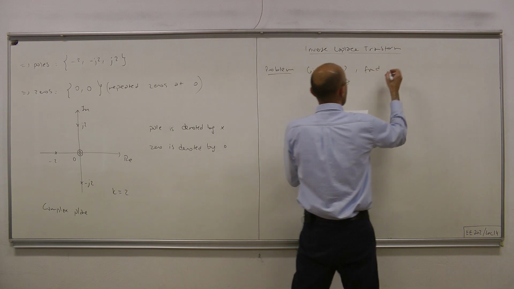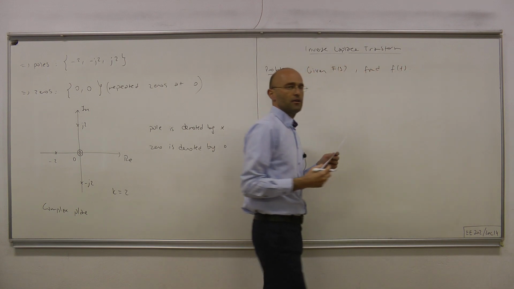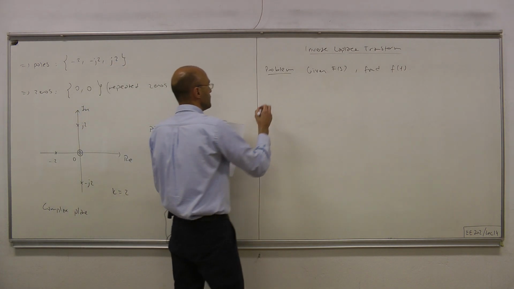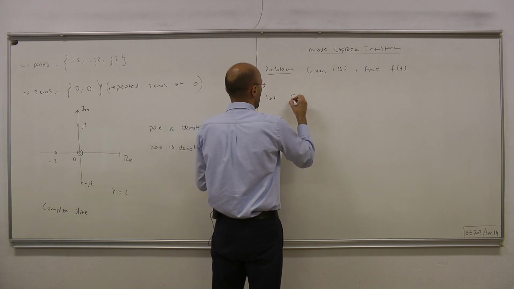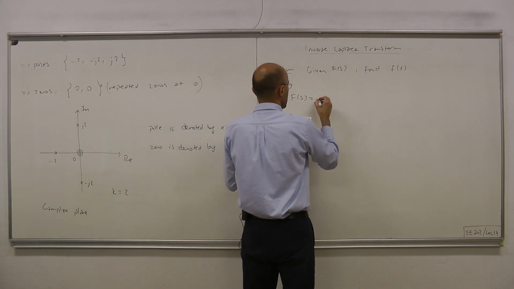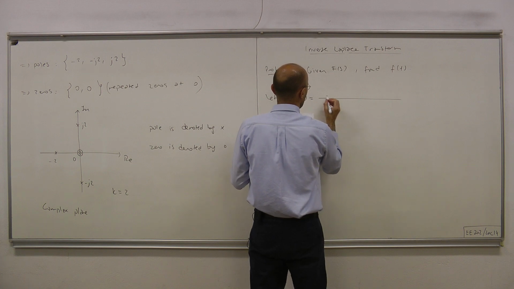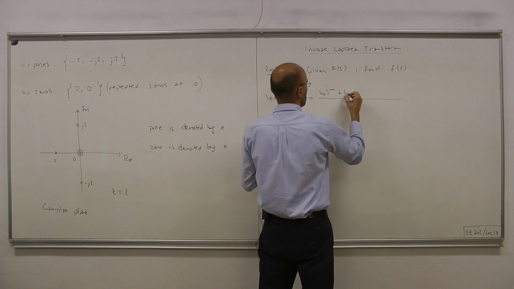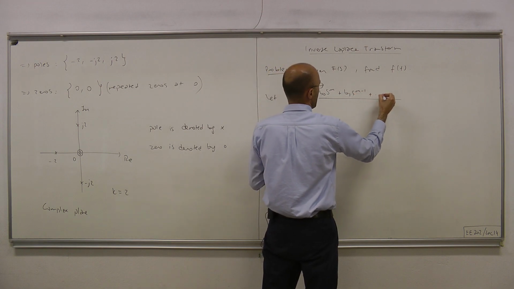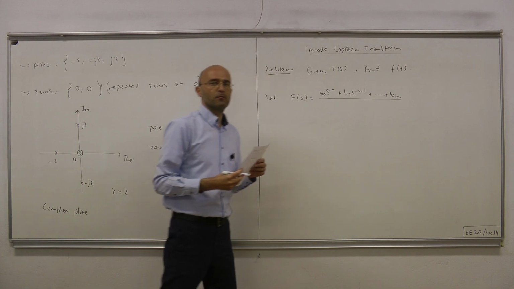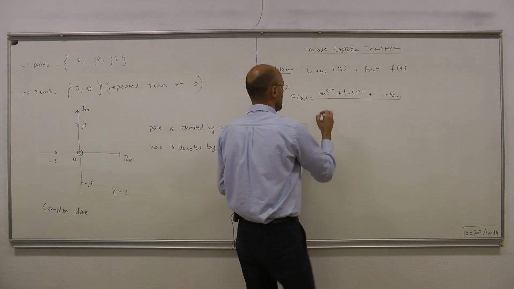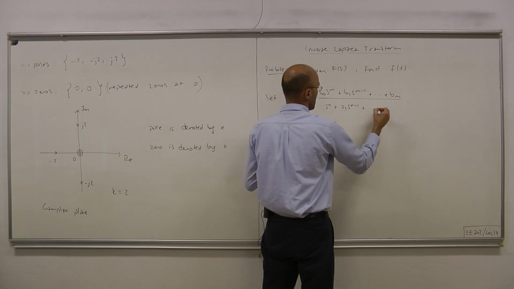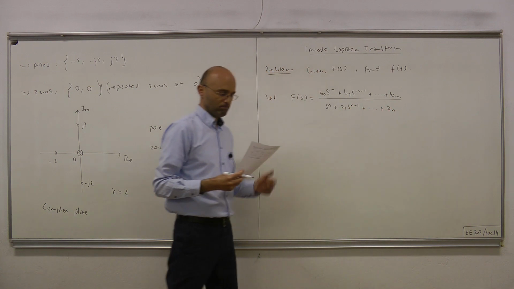We're going to find the corresponding signal in the time domain. Let F(s) be (b0 s^m + b1 s^(m-1) + ... + bm) divided by the denominator polynomial (a0 s^n + a1 s^(n-1) + ... + an).